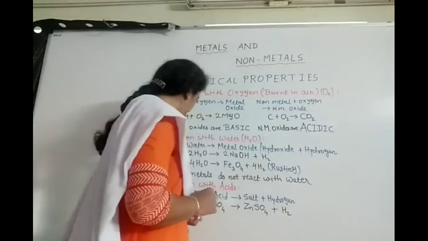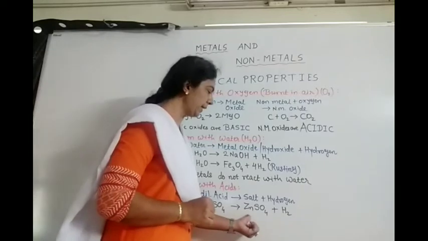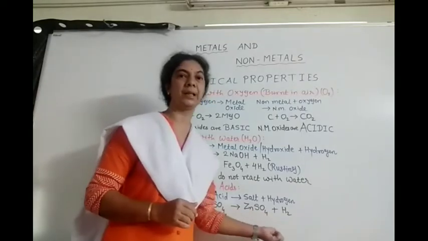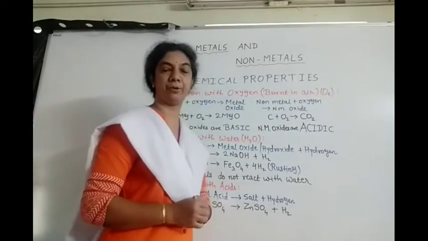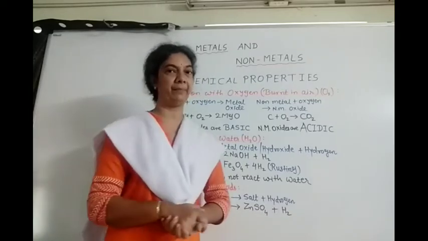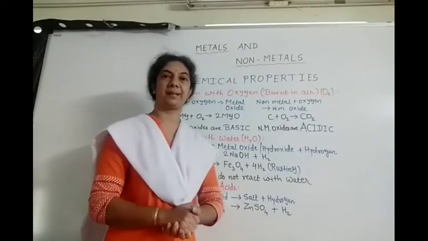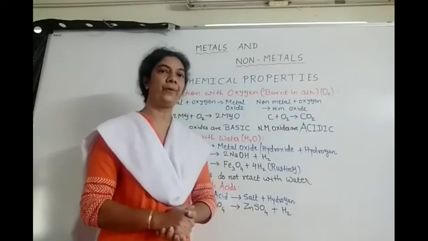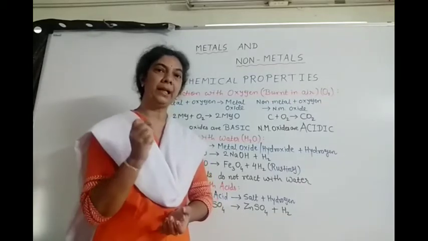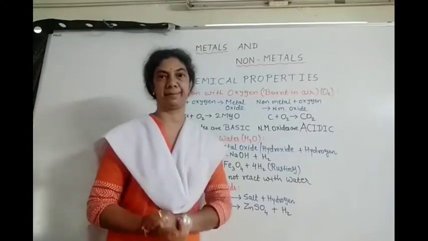We are having this one example. Zinc is reacting with sulfuric acid and gives zinc sulfate plus hydrogen gas. We are having one simple activity for that. Take a conical flask, fill the diluted hydrochloric acid or sulfuric acid in that.